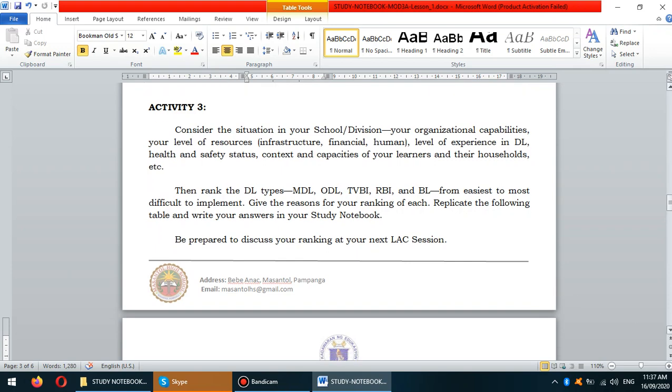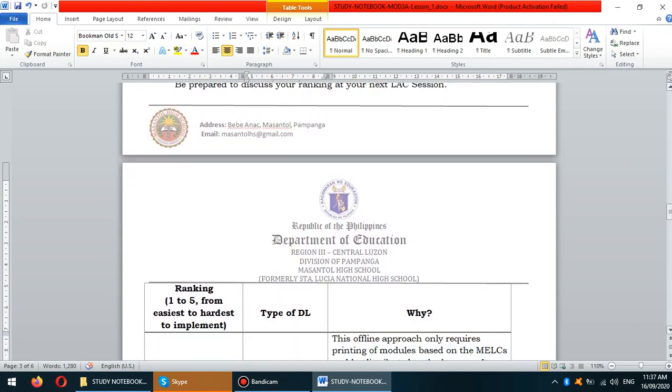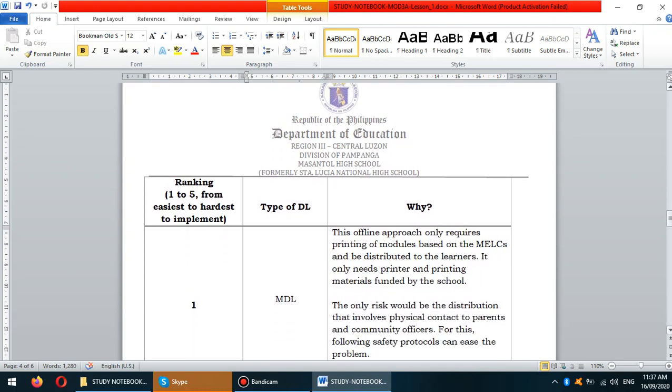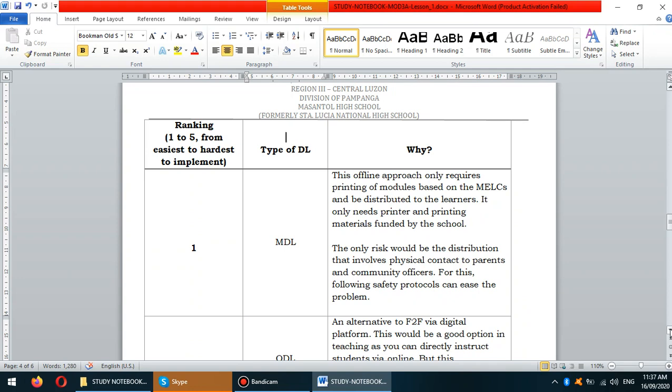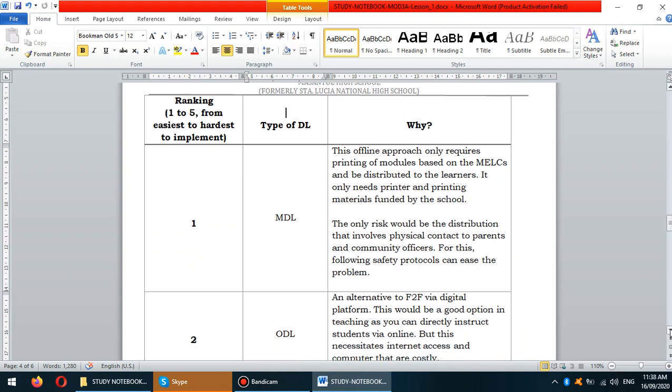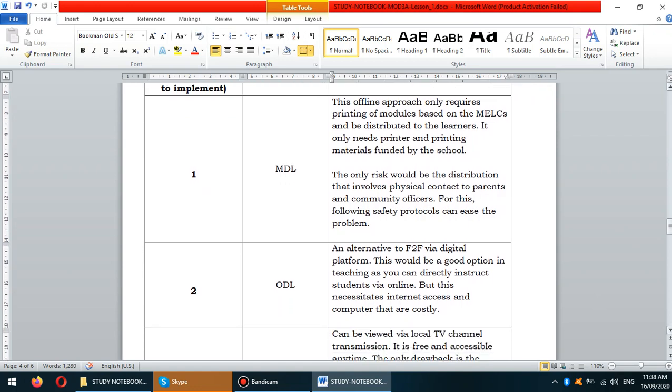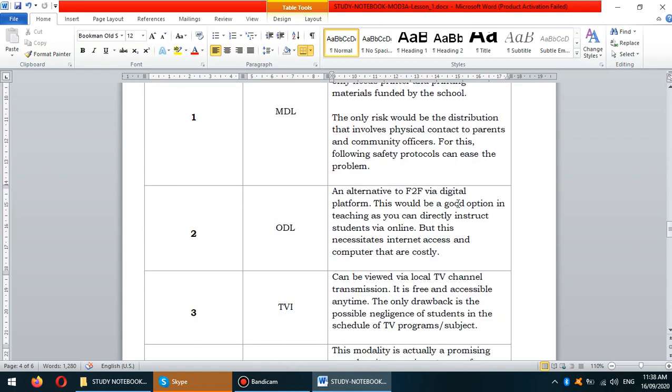Now, for this activity, you will be ranking among the modalities that you can easily use to the hardest to implement. Now, for the first one, I have the MDL, and this is my reason why. The second one, I have the ODL or the online distance learning, and I also supported it with my reason.